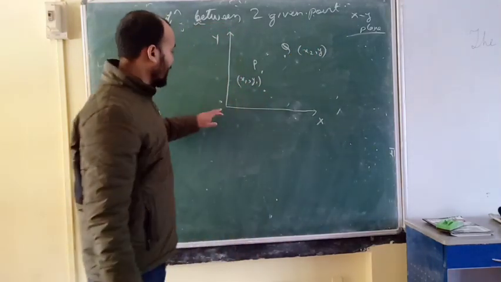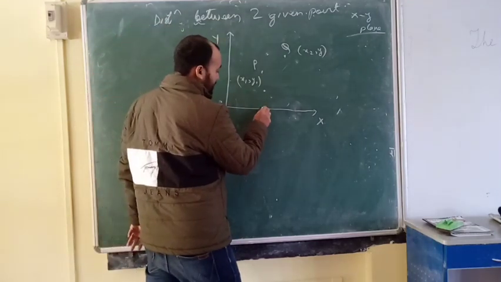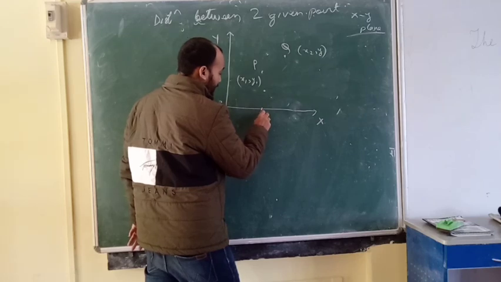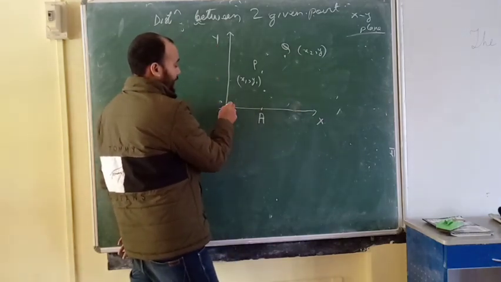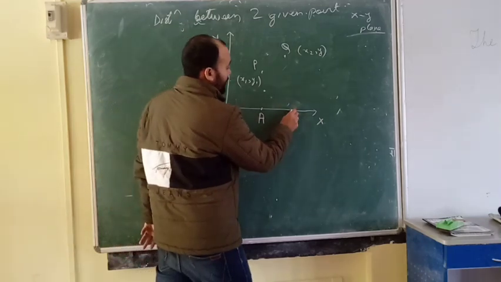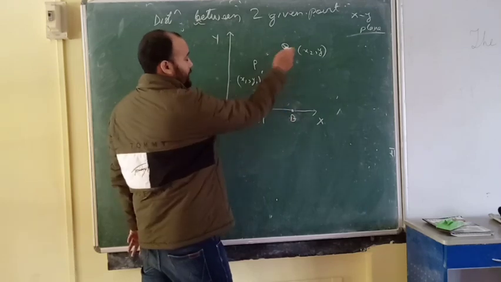If you come from origin to this point, suppose it is A. If you come to point A, then this is x1, and if you go to Q, this is B. If you go to B, this is x2.